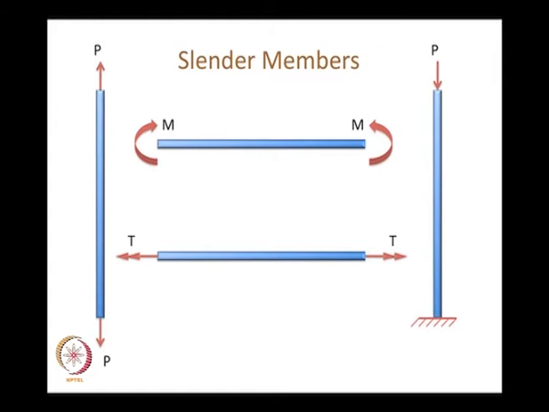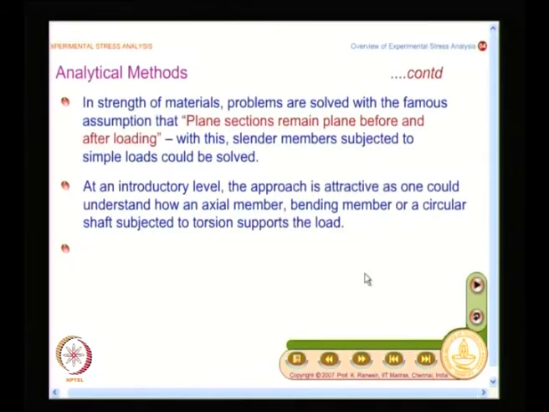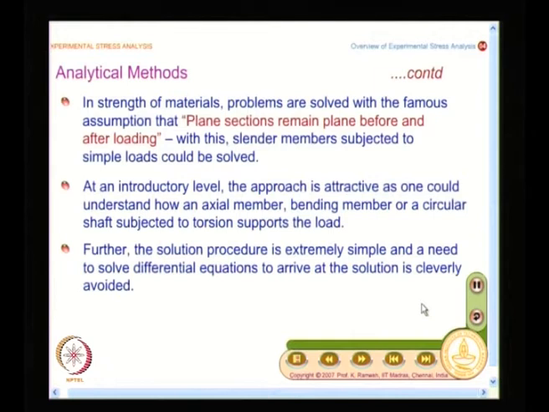Suppose you have a rectangular shaft subject to torsion, that is shifted to the next course, it is not taught in the first level course, because we always want a very simplified approach to problem solving, and we have cleverly avoided solving differential equations. But nevertheless we have understood how an axial member supports load, what happens in the case of bending, what happens in the case of torsion.